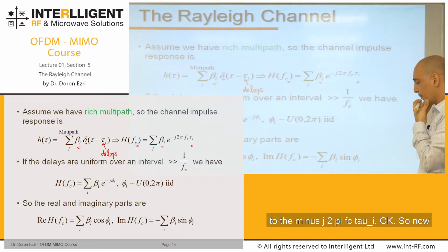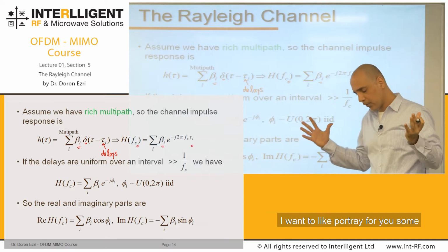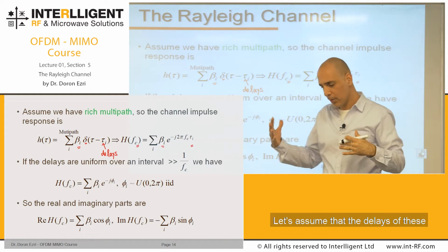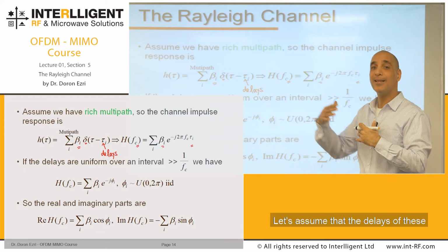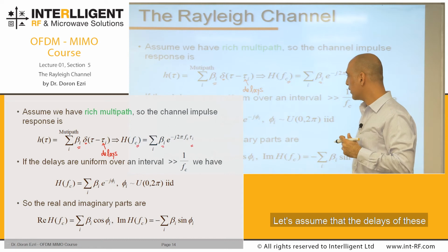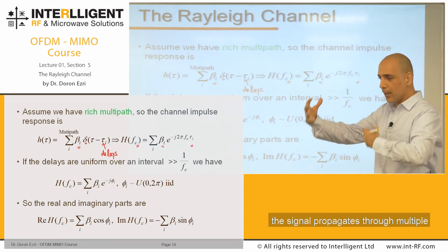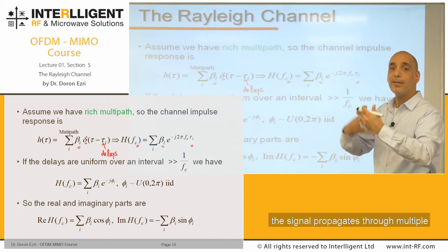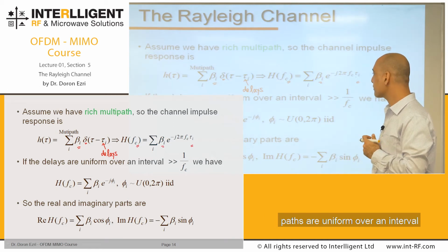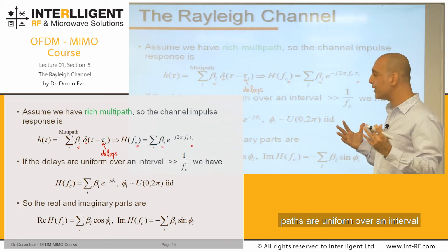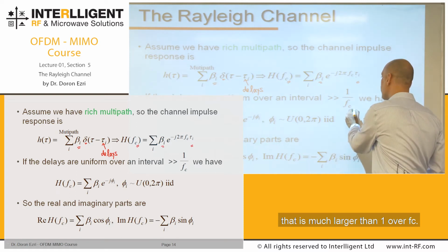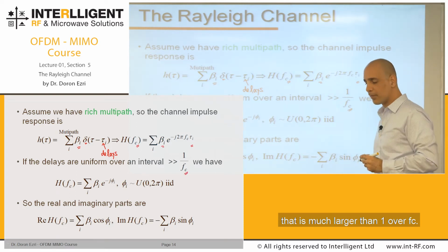Okay. So now I want to portray for you some physical scenario. Let's assume that the delays of this multipath, the fact that the signal propagates through multiple paths, are uniform over an interval that is much larger than 1 over fc.